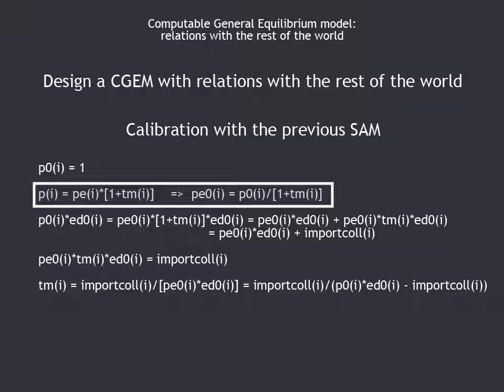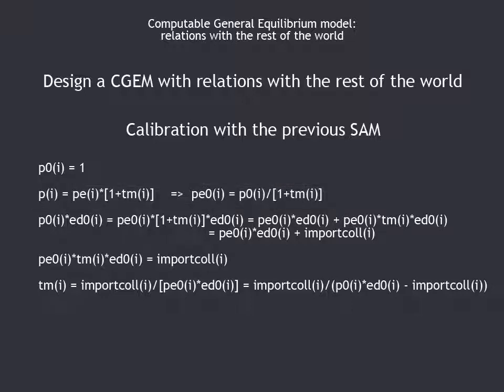The problem is that you do not know Tm in sector I. You do not know the import duty in each sector. What you know is only the amount collected by public administration.